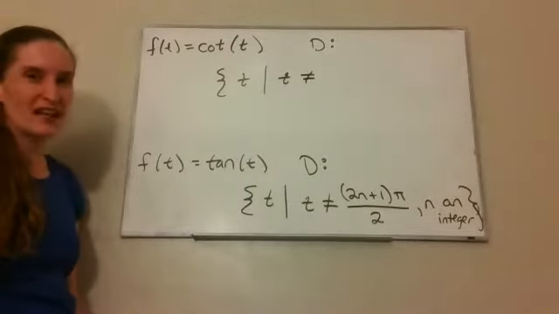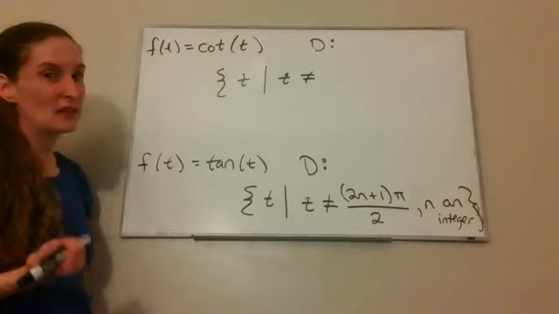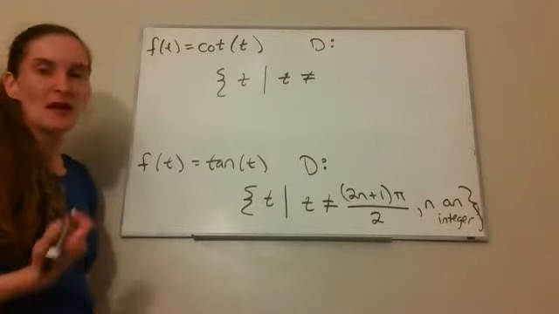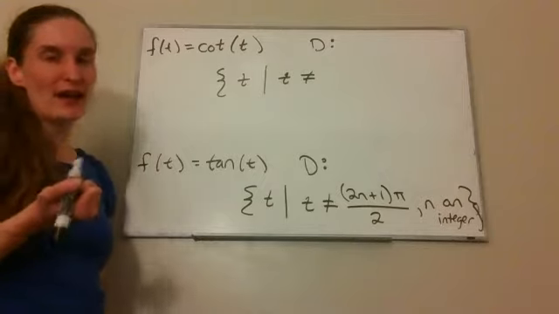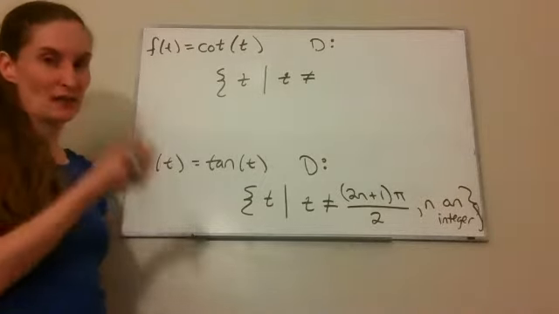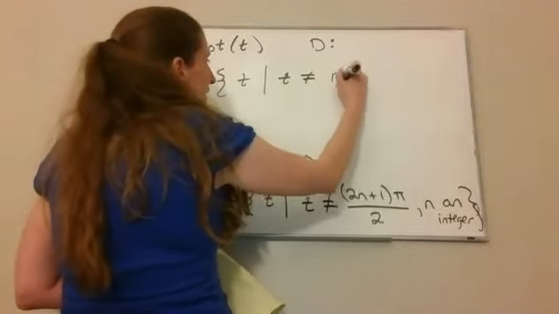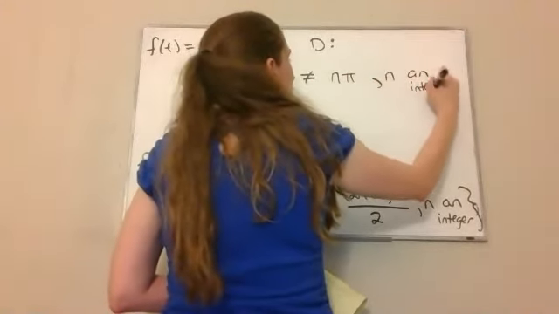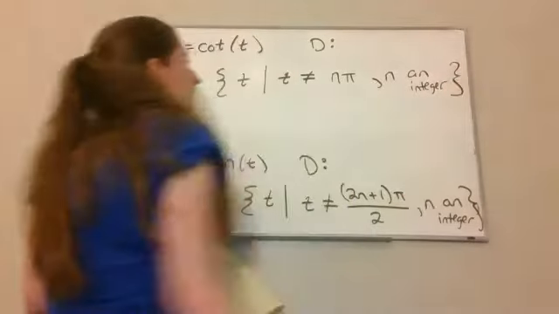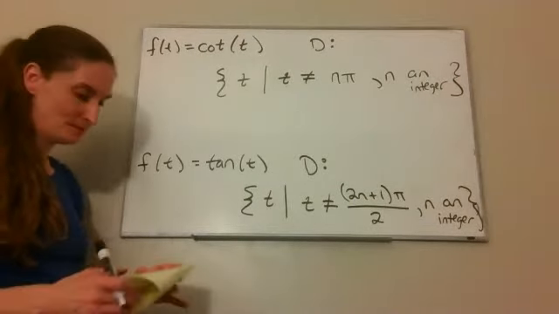Well, cotangent has the sine in the denominator. My sine is 0 exactly when my y value is 0. That was at an angle of 0 or of pi or 2 pi and so on, multiples of pi. So t cannot be n times pi, where n is an integer, meaning my domain is all of the real numbers except for multiples of pi.